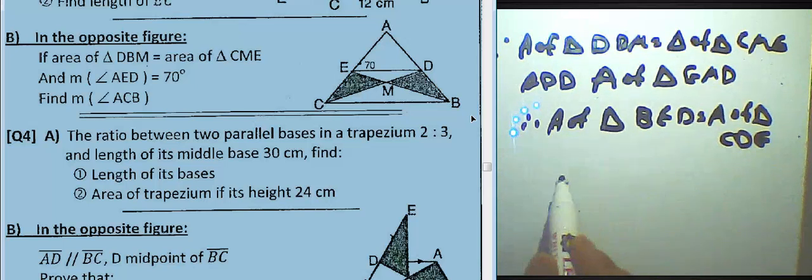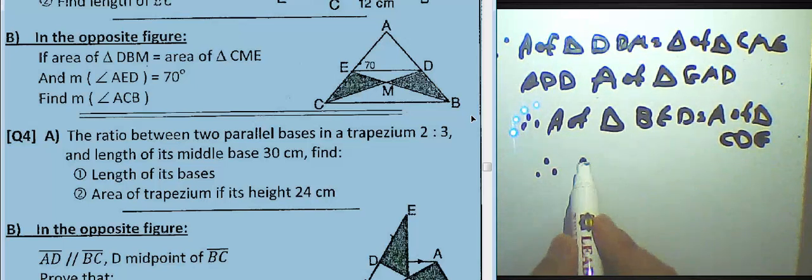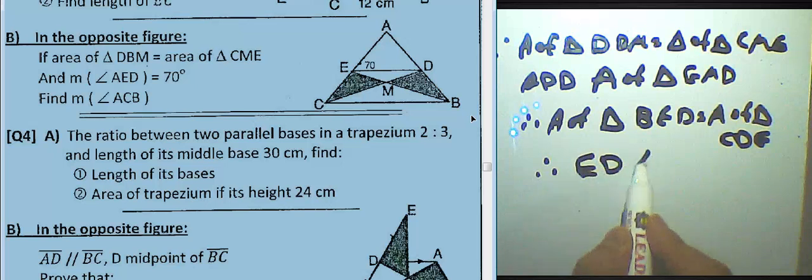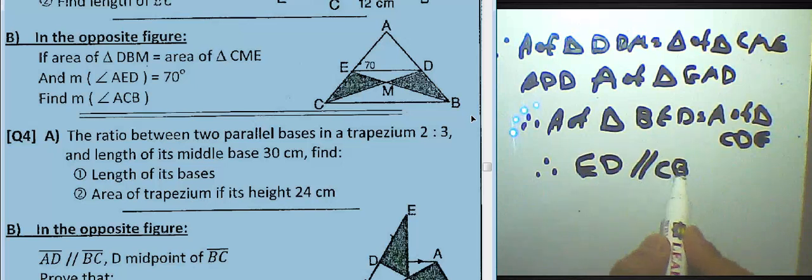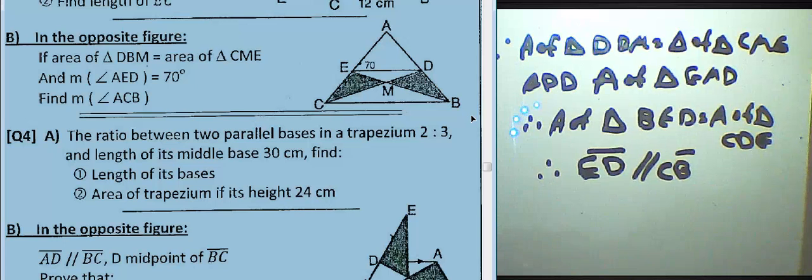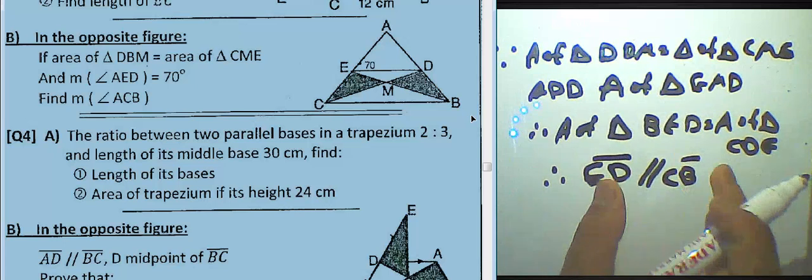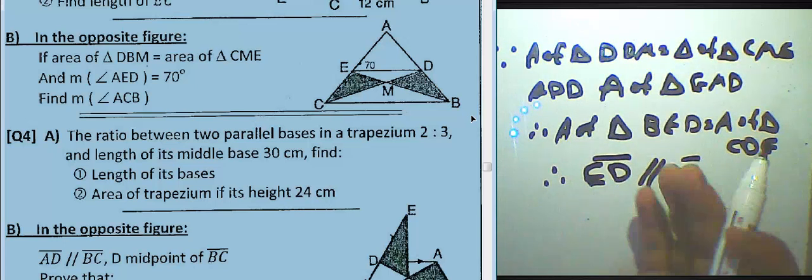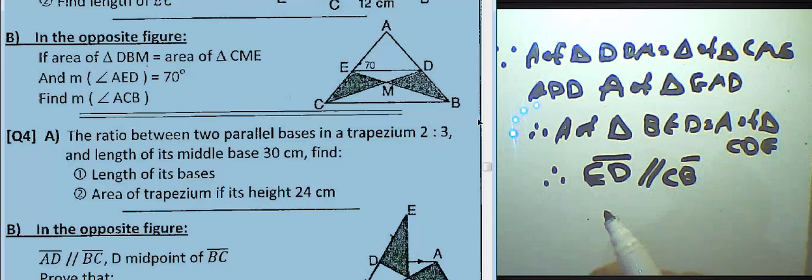Then we can prove that ED is parallel to CB, because we have two triangles equal in area, drawn on the same base and on the same side of the base. Then ED is parallel to CB, and AC is a transversal of them.